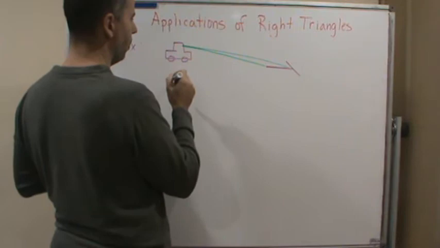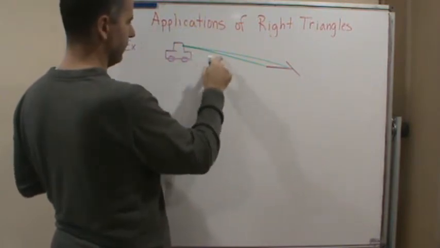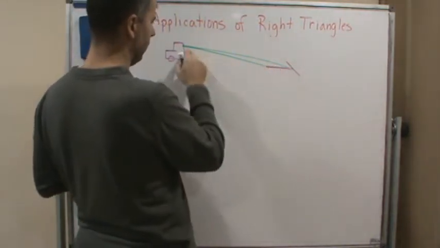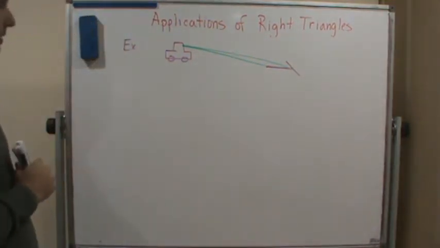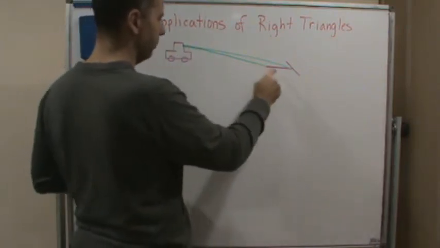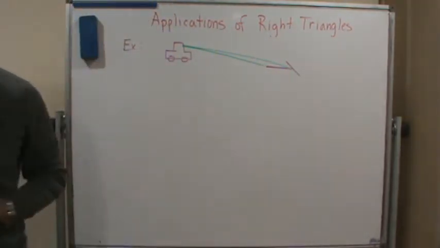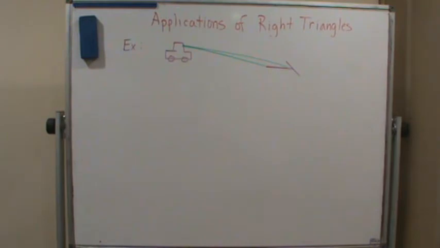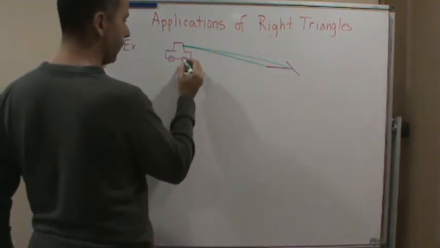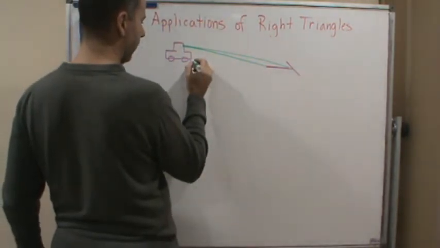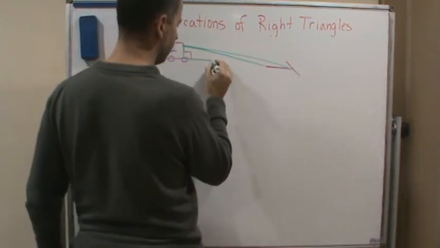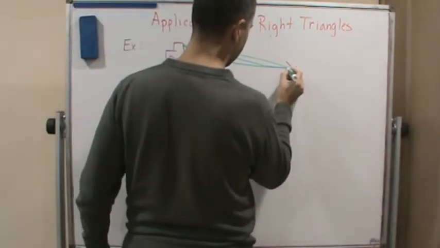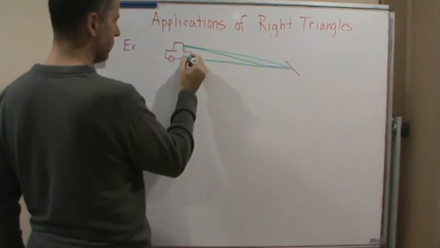Again, this is a triangle, even though my artistic skill for straight lines isn't the greatest. Now, what else do they tell us? To the bottom, to the road. So from here to here, we've got this right triangle.